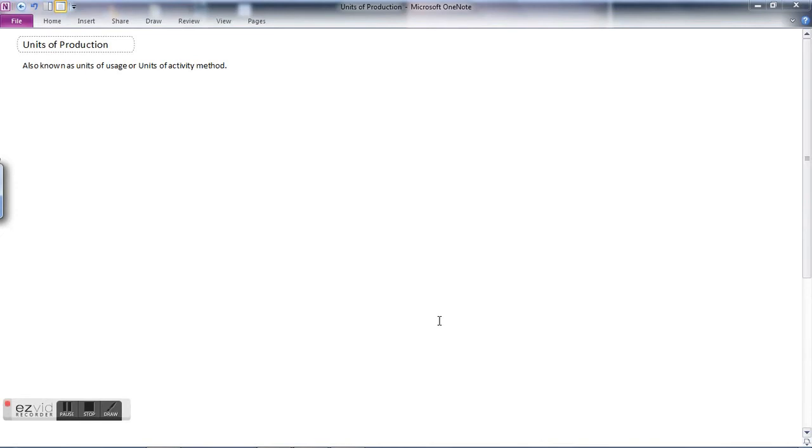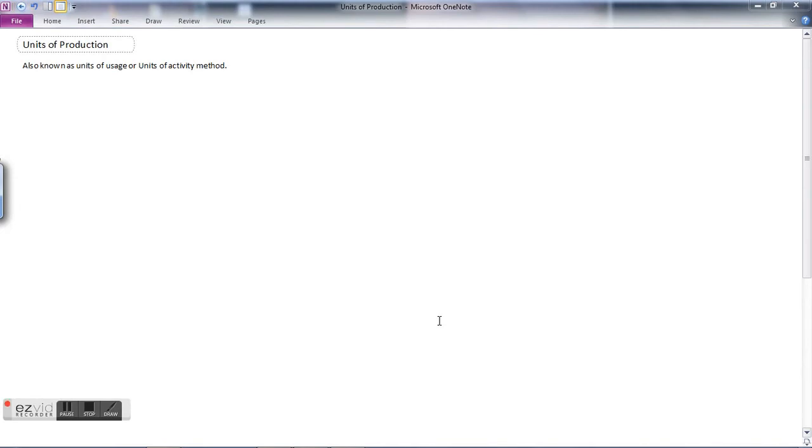For example, take a coal mine. A particular coal mine has a particular limited stock of coal. So when you extract a particular quantity of coal in a particular year, only that proportion of depreciation is charged to that asset in that year.